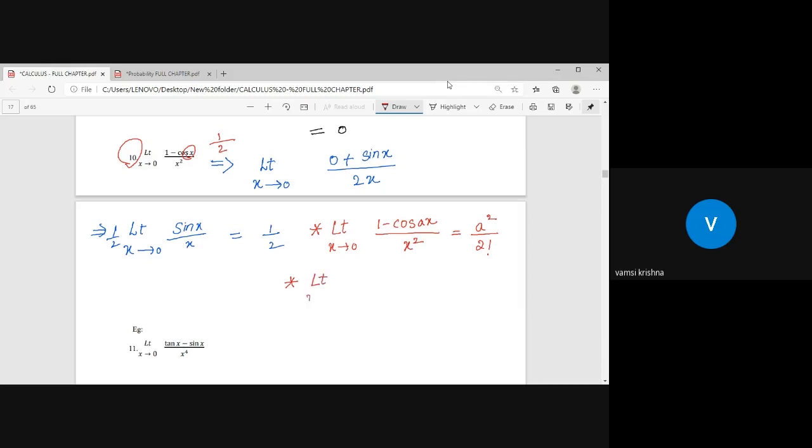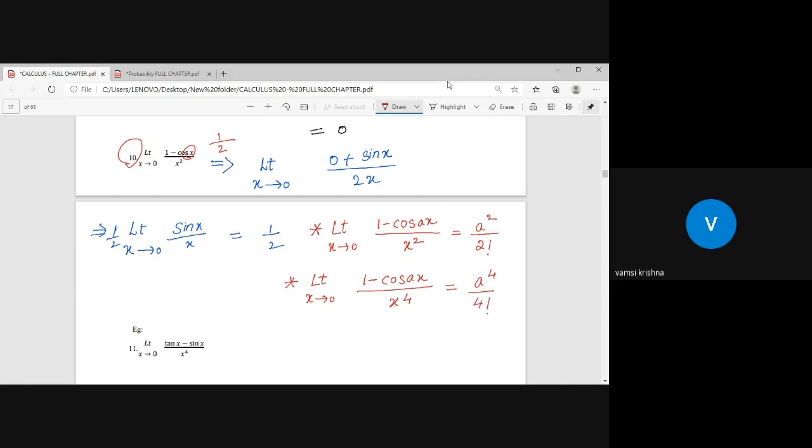Not only this part, let me write some more. Limit x tends to 0, instead of x square, let me take x power 4. 1 minus cos ax by x power 4. If you have this, then your answer is a power 4 by 4 factorial.